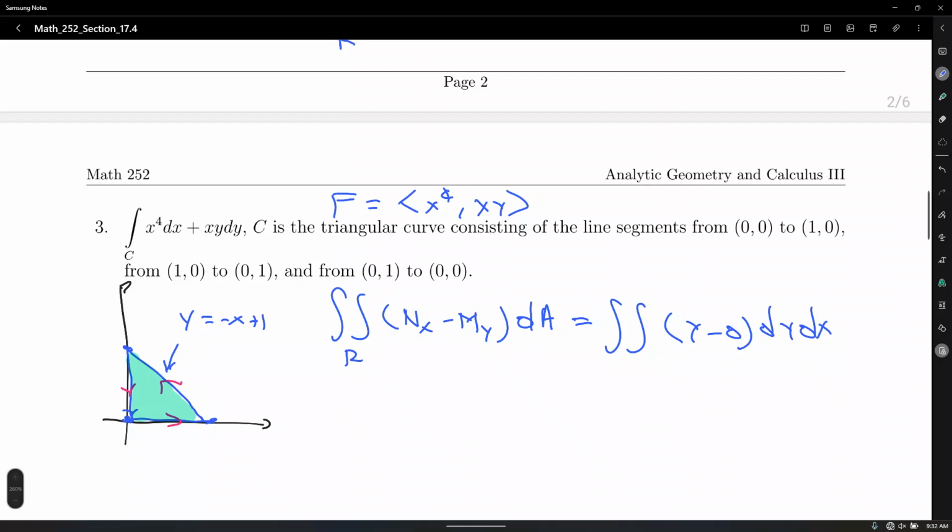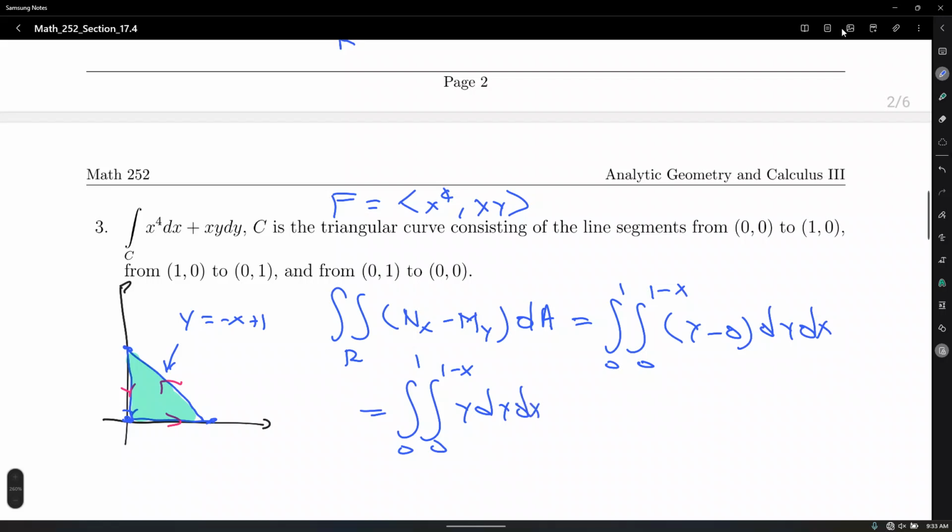It has a y-intercept at 1, and it goes down 1 unit for every 1 unit over. Or use those 2 points and the point-slope form if you feel more comfortable with that, that's fine. So I'm just going to go from 0 to 1 minus x, and x from 0 to 1. That's going to be the integral that calculates the line integral. So 0 to 1 minus x, 0 to 1, y minus 0 is y, dy dx.